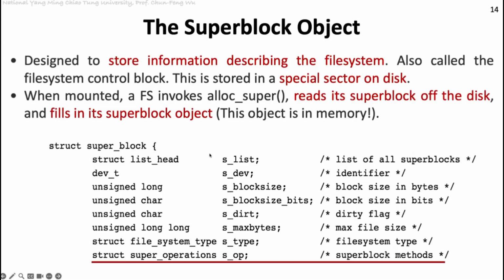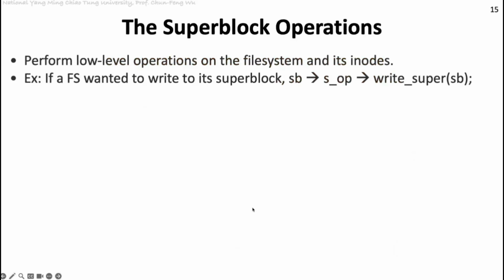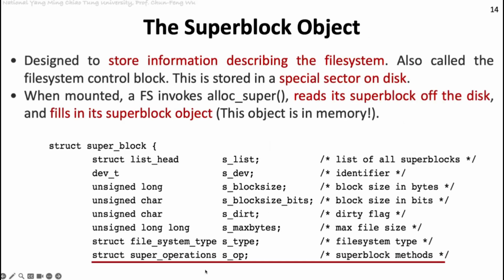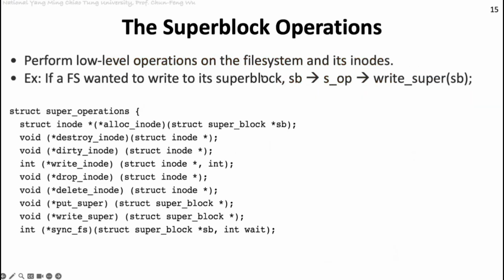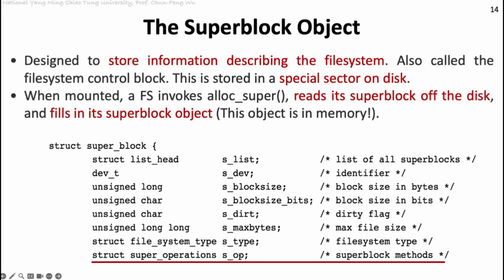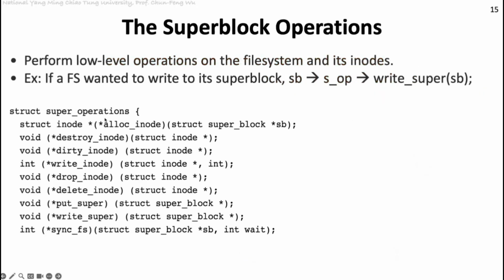So the data structure in memory will look like this. Actually, there are a lot of fields, but I'm just going to show you a very important one. Inside this data structure there is a pointer, s_op, the super operations. This pointer will point to the operations that relate to the superblock, that is, all the different functions supported by the superblock.